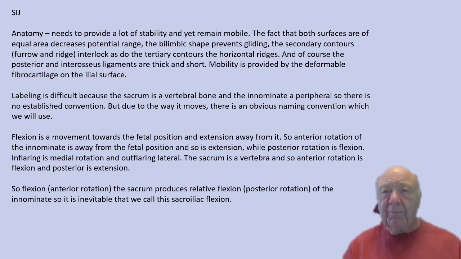Then we talked about the movements it's got. Well, it can rotate anteriorly, rotate posteriorly, it can laterally rotate, it can medially rotate, and there's probably some degree of abduction and adduction. So it probably can do all of the same movements everything else does, but to a much lesser extent. Now, what I said to you was this. Flexion is a movement towards the fetal position and extension away from the fetal position.